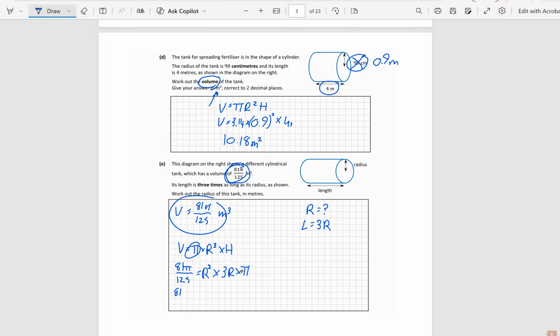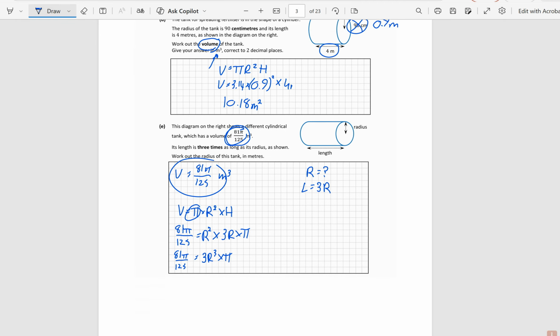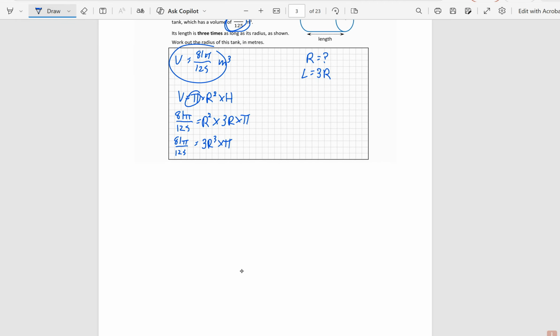Bit of algebra: 81 pi over 125 equals 3r by r squared, which is 3r cubed, multiplied by pi. Oh look, this is great. We have a pi on this side and a pi on this side, so we cancel them out.